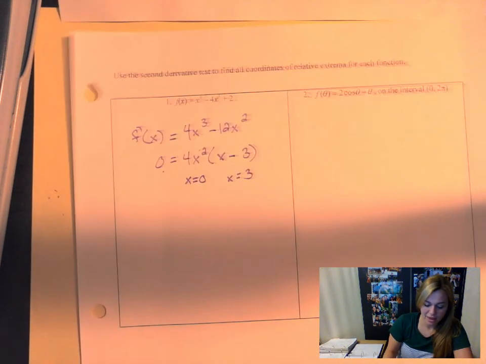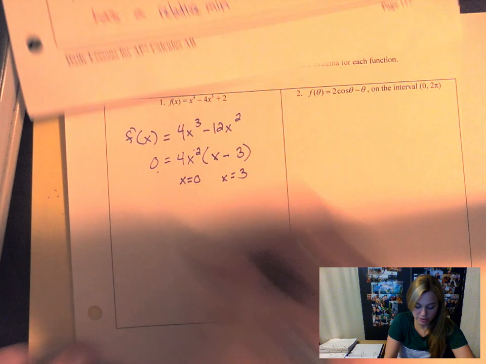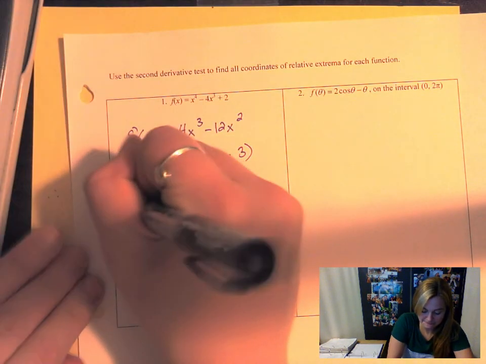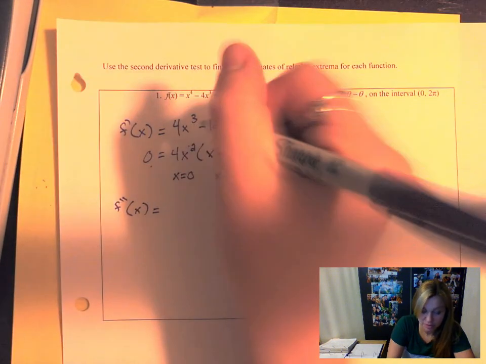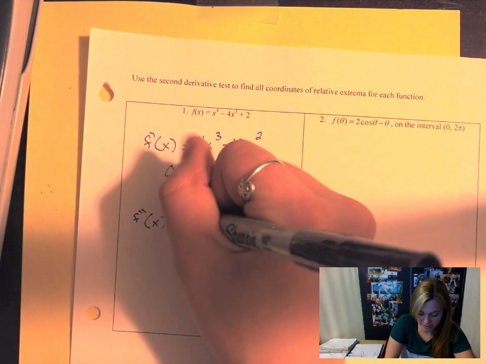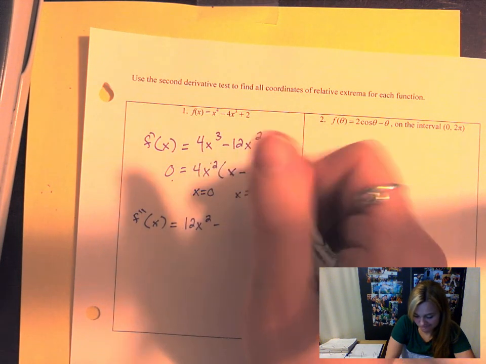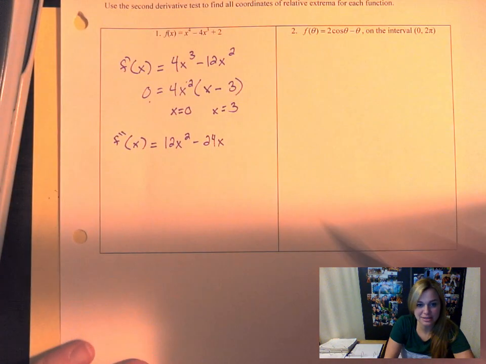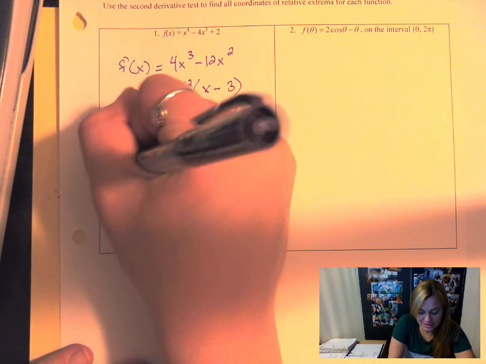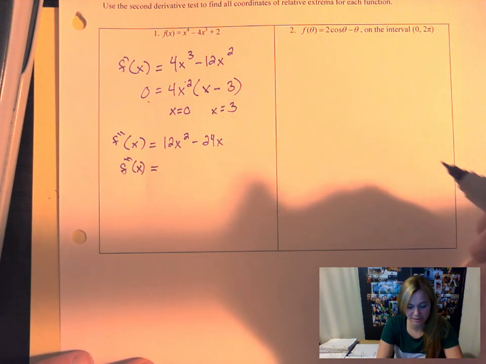And then the next part is f double prime: is that greater than 0 or less than 0? So what I need to do is find f double prime. F double prime of x, I'm going to use the power rule, would be 12x squared minus 24x. I'm going to factor this one, not because I have to, but because it's easier to see whether my values are positive or negative if it's factored.